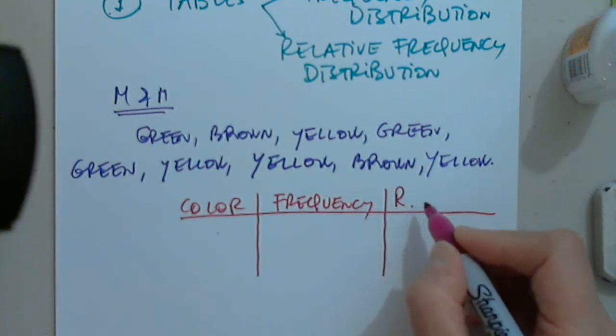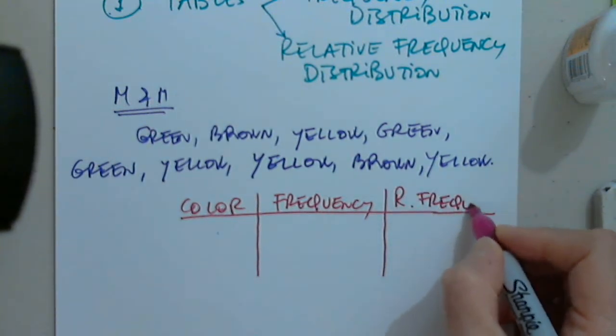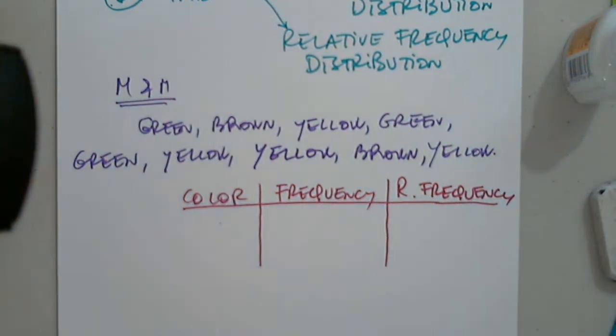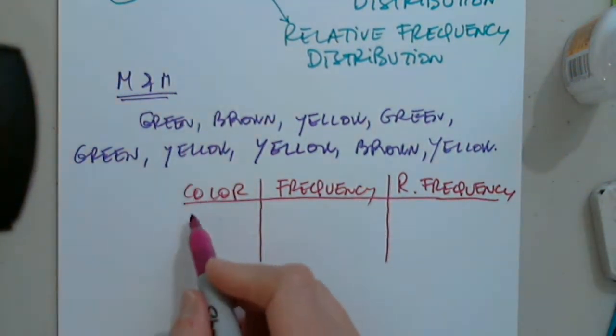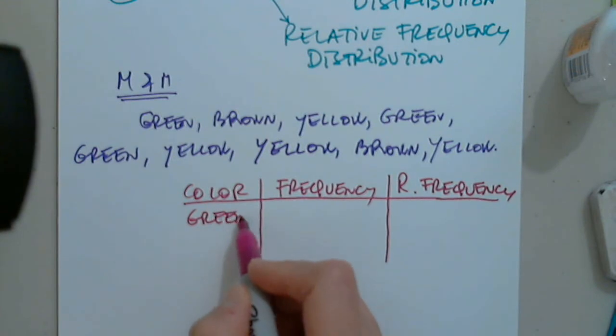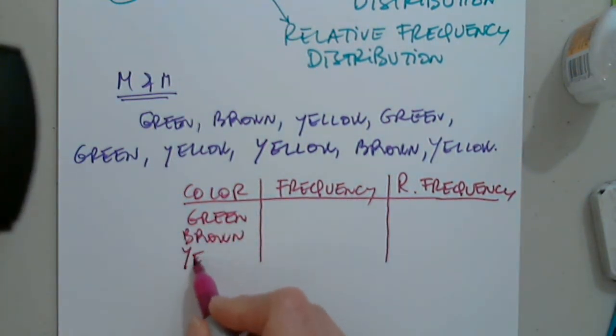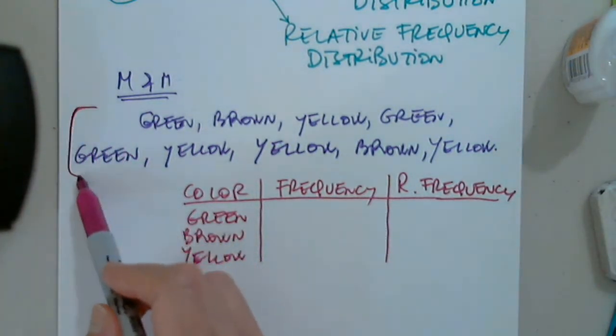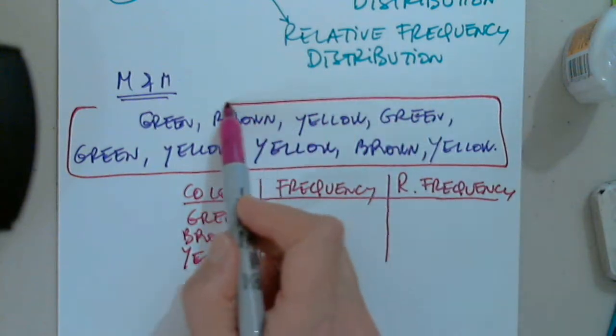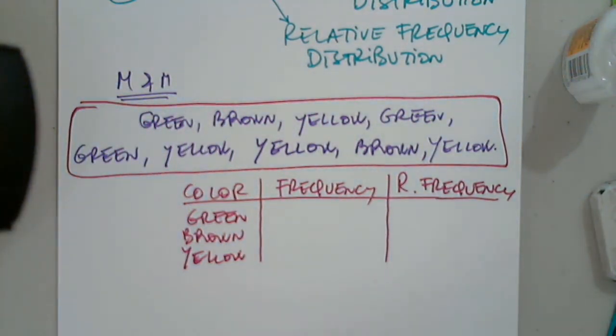I'm going to put R frequency. So the color green, and then brown, and then yellow. How many green do I have in my bag? That's all I have. This is it. We just made one up, one example.